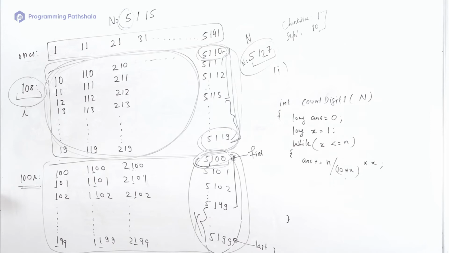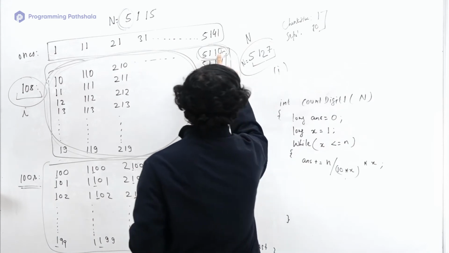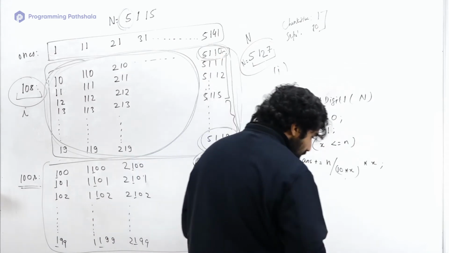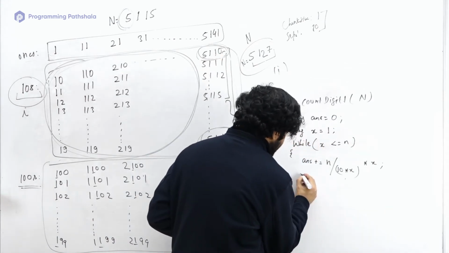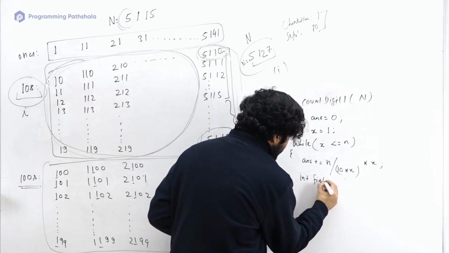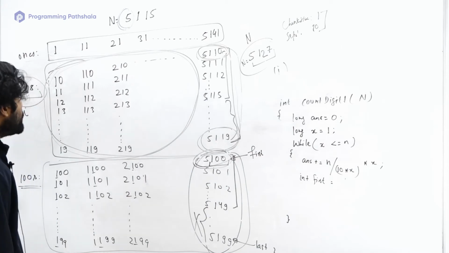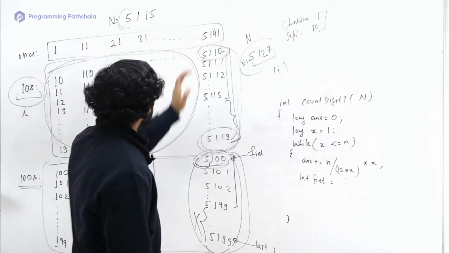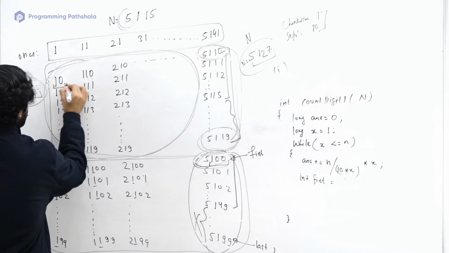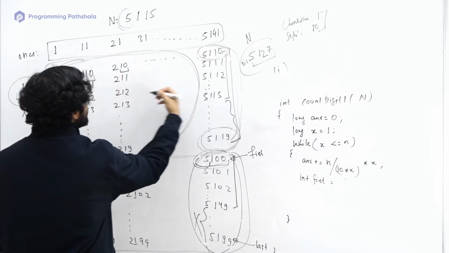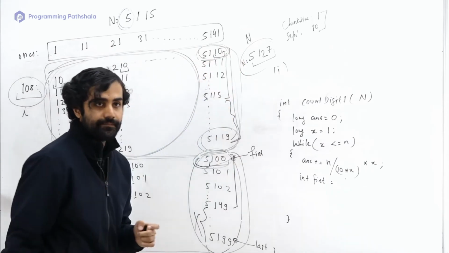The final line of code will be where you take care of the last chunk. And how do you exactly take care of the last chunk? By figuring out its first element and its last element. So let's say you want to figure out the first element. You know for sure that the first element everywhere has its last two digits as 10.